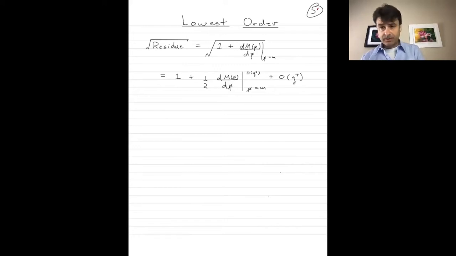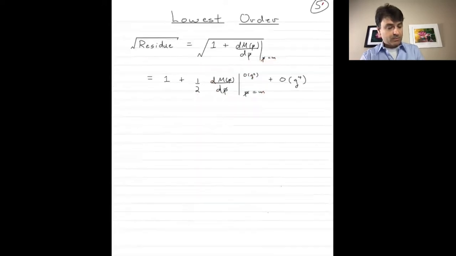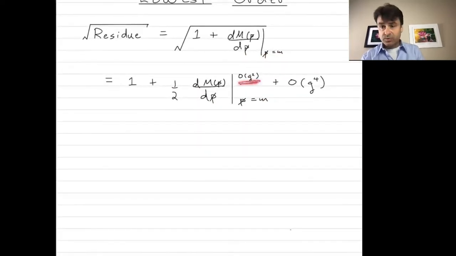Let's call the coupling in the Yukawa theory g, going forward, the coupling between the scalar and the fermion. And if I expand the square root, I get 1, the 1/2 from the square root, this derivative, and I'm imagining that I'm going to calculate just the lowest order graph, so order g squared. That's what I get from a single loop. And then I will be truncating powers of g to the 4th.